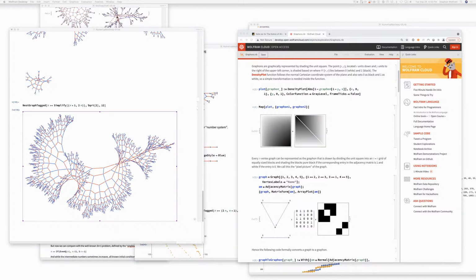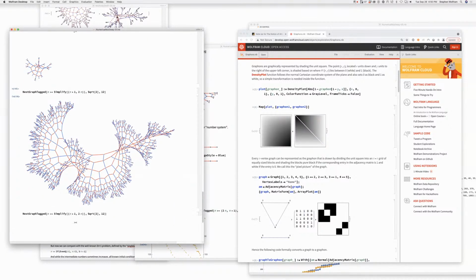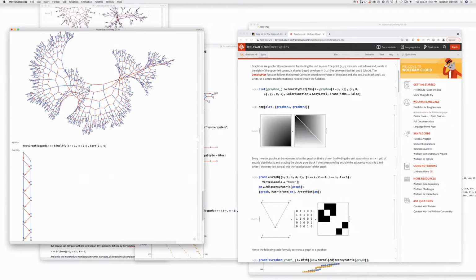But the question here is, okay, let's look at the very simplest case. What's the very trivial case? If we do n+1, n+2, okay, we get a ladder.